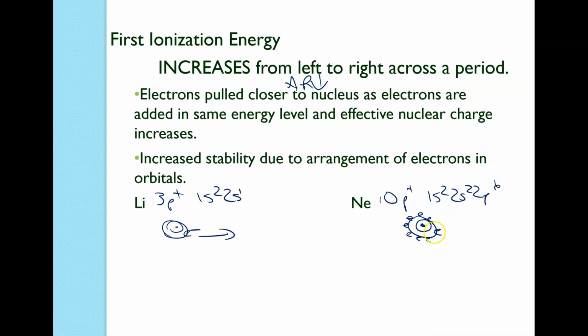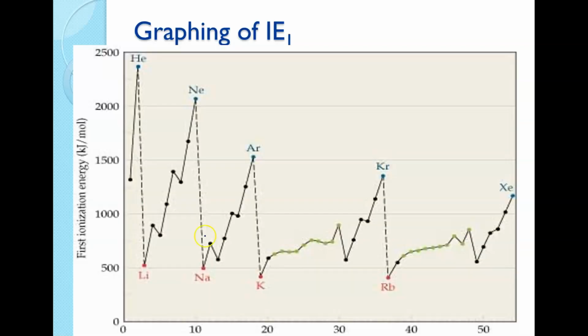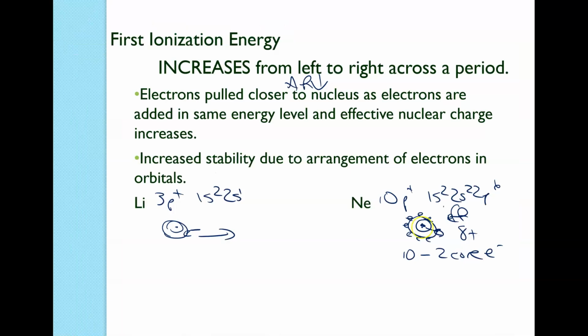Okay, each one of them feels a net or effective nuclear charge of 8 plus, because there are 10 protons subtracting the 2 core electrons. And so it's very hard to remove those electrons, and they have a smaller radius because of their increased effective nuclear charge. The effective nuclear charge here is 3 minus 2.